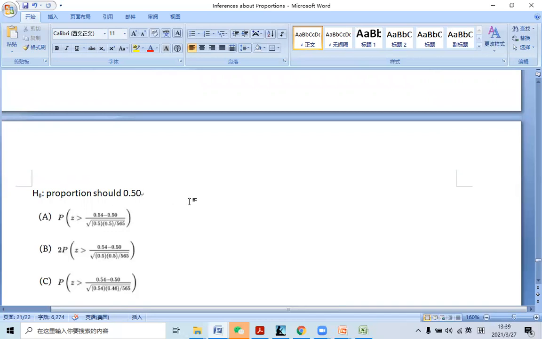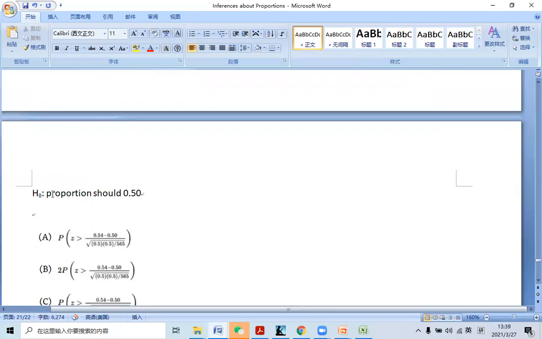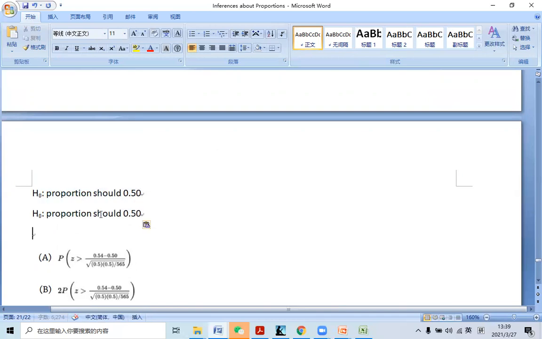And it depends on your hypothesis. In this case, the hypothesis is directional. You're saying the proportion should be larger than 0.5.